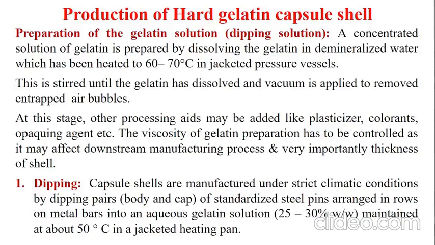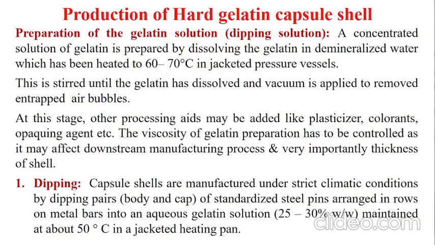Many times we apply vacuum in order to remove entrapped air bubbles, since their presence may cause a lot of difficulties. The viscosity of the solution is also one of the measures, because it interferes with the downstream manufacturing process, and that is why the viscosity of gelatin is to be controlled.